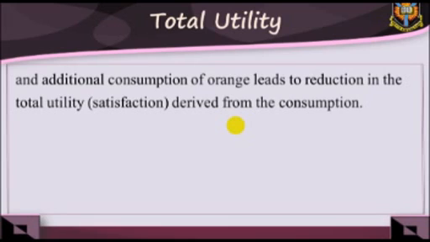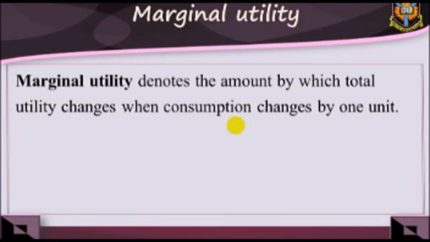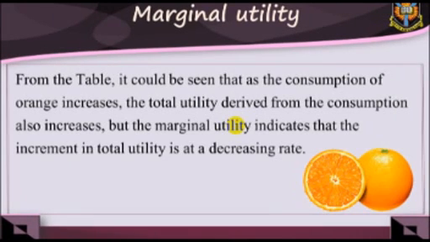Marginal utility. Marginal utility denotes the amount by which total utility changes when consumption changes by 1 unit. The third column in the table shows the marginal utility values that correspond to changes in the consumption of orange. From the table, it could be seen that as the consumption of orange increases, the total utility derived from the consumption also increases.